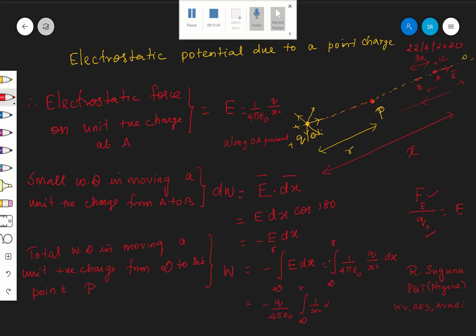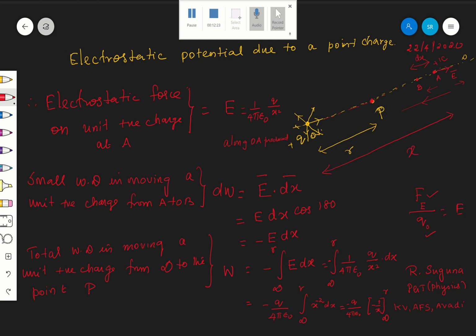That is x power minus 2, so on integration it is x power minus 1 by minus 1. You have already seen this many times. Therefore, that is equal to minus Q by 4 pi epsilon naught, and here it is minus 1 by x on integration, and the limits are infinity to R.